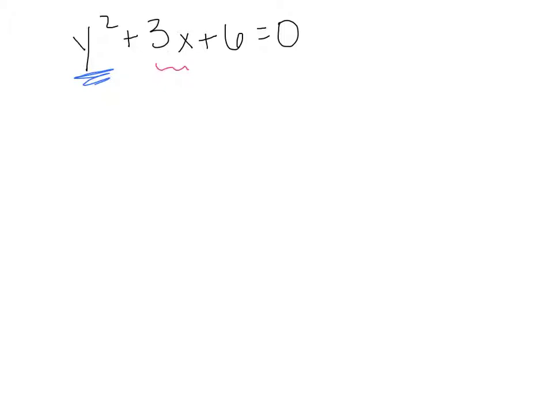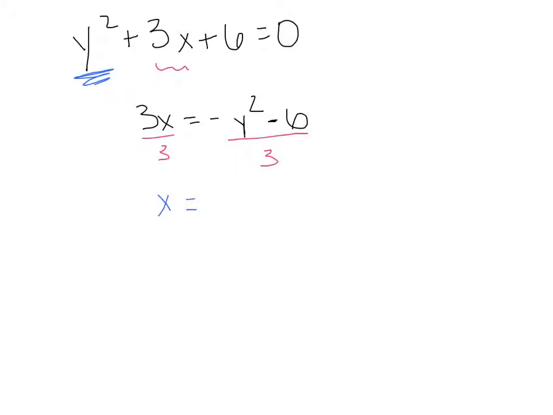We want to get x equals, so I'm going to move everything that's not x to the other side. So 3x equals negative y squared minus 6. Divide everything by 3. And again, let's think about how we write our final answer.